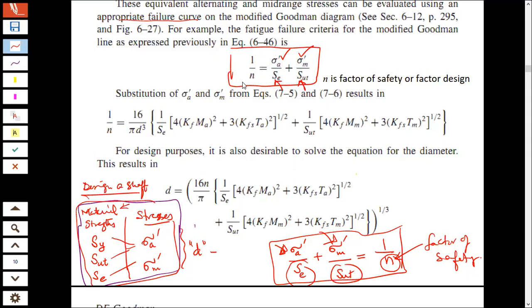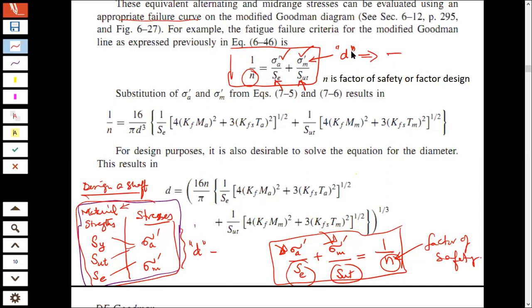So you can find your N, the factor of safety, if you know the diameter, because in these stresses there is going to be the term diameter somewhere. Or you can find your diameter of the shaft from here.